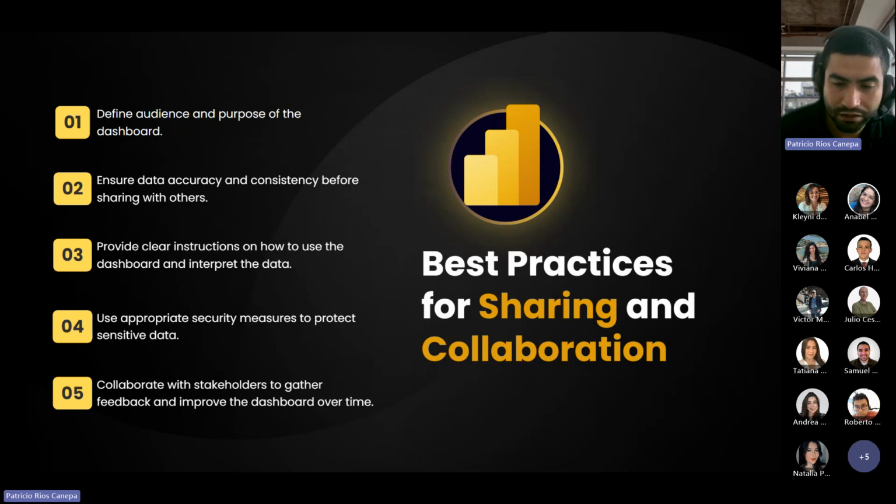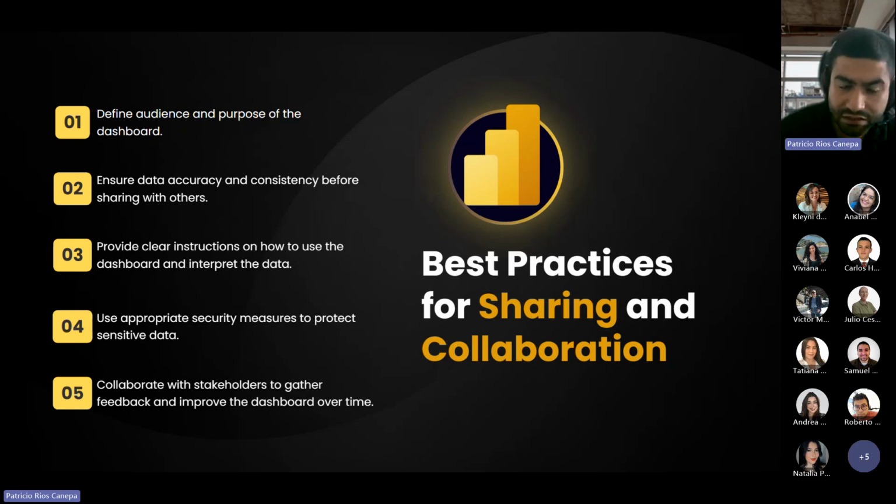And before we share our Power BI dashboards, we need to keep in mind these 5 points, which are kind of my checklist before I send out our dashboards. You need to define your audience and the purpose of the dashboard. You need to understand who you're presenting to, who is talking to you, who will use this, and what the final goal of it is. Is it to make a better decision?